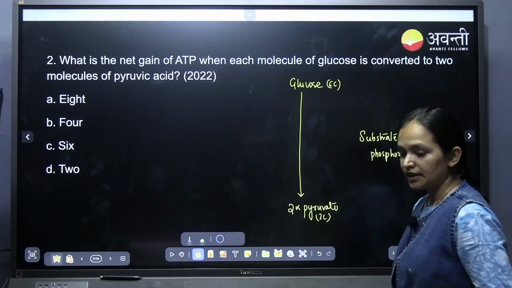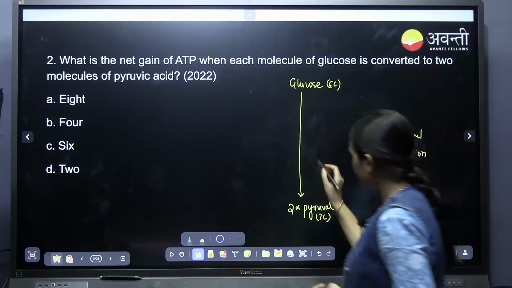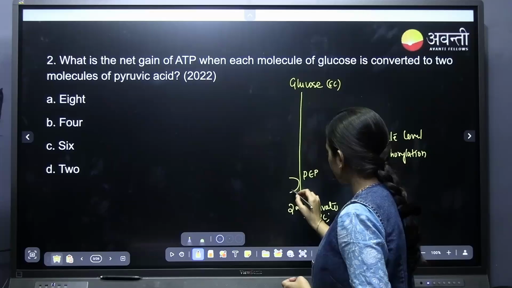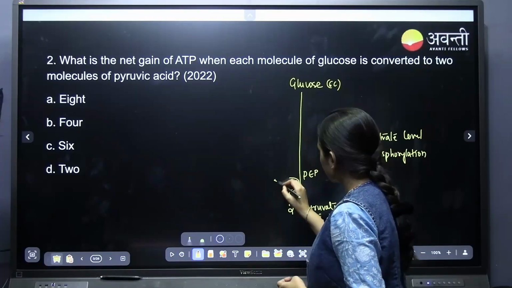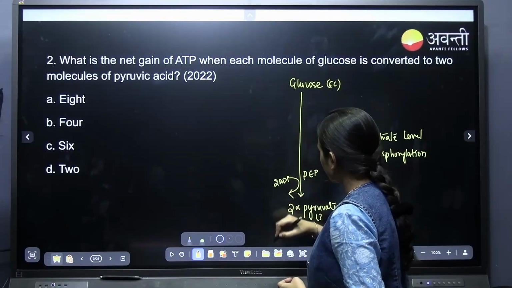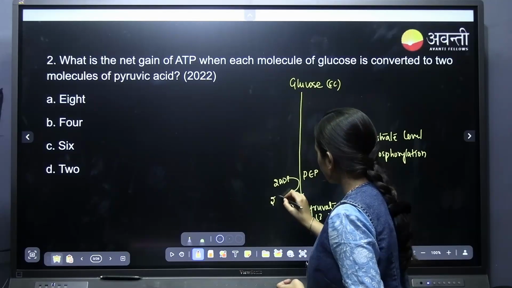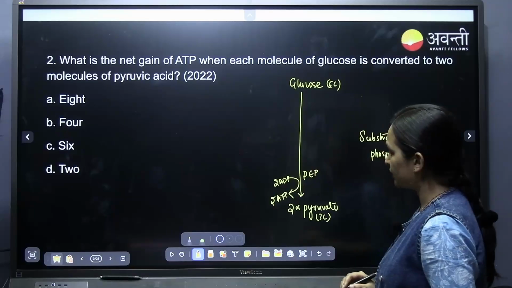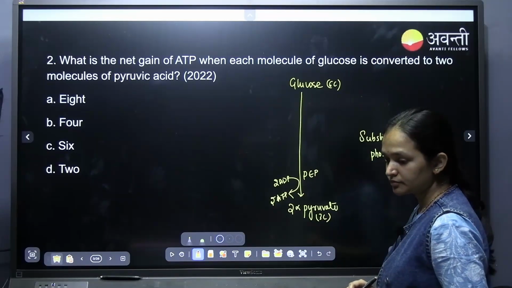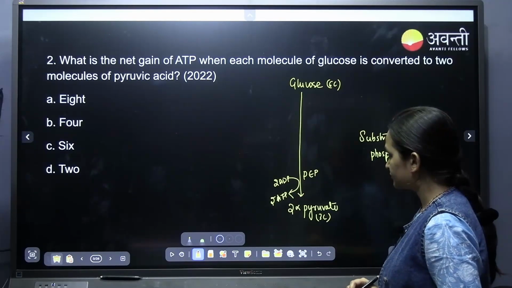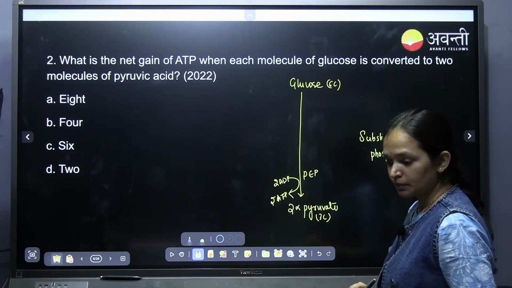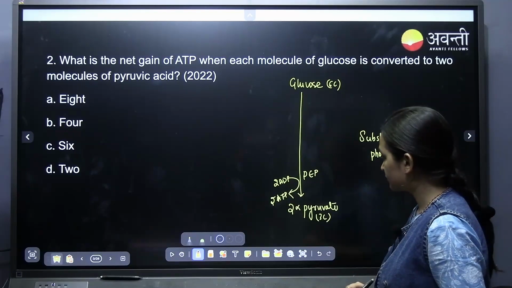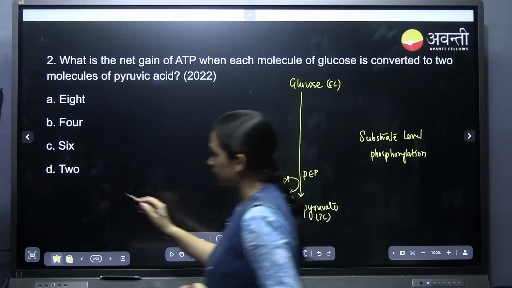That is in the last step when phosphoenol pyruvate will be converted into pyruvic acid, that is pyruvate, 2 molecules of ADP will be converted to 2 molecules of ATP. So what is the net gain of ATP? It is this 2, right?